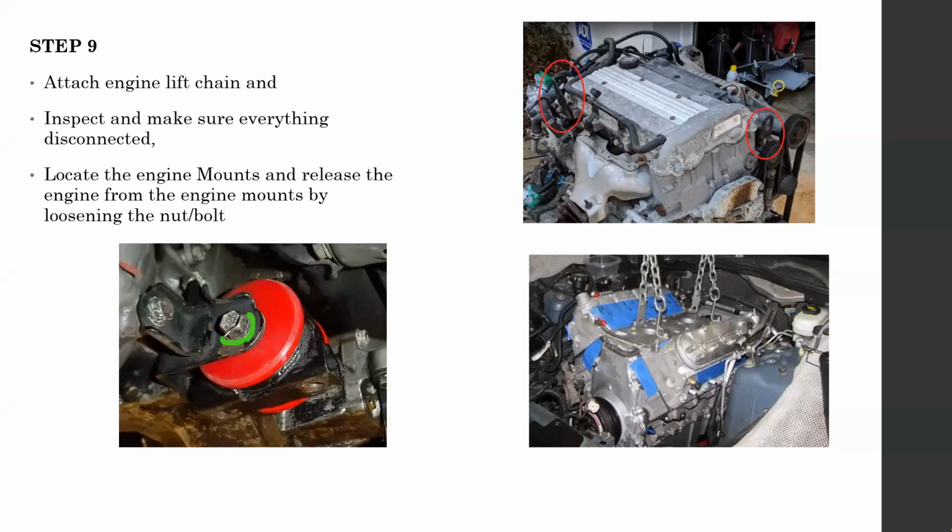What this chemical does is it penetrates through the thread and dissolves, or breaks, the rust between these two surfaces, and makes it easier for us to turn the bolt without breaking the bolt head from the body. That's what a penetration oil does.